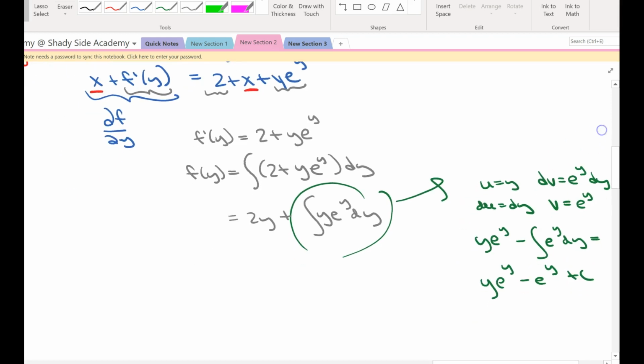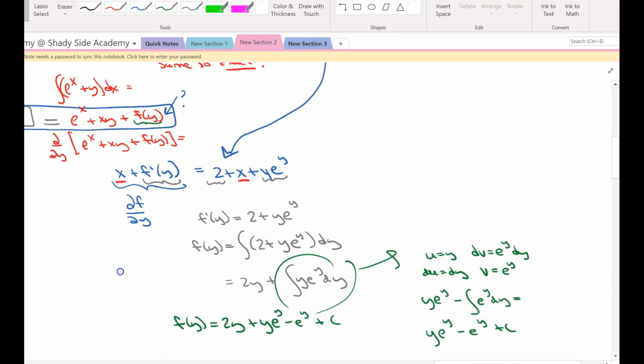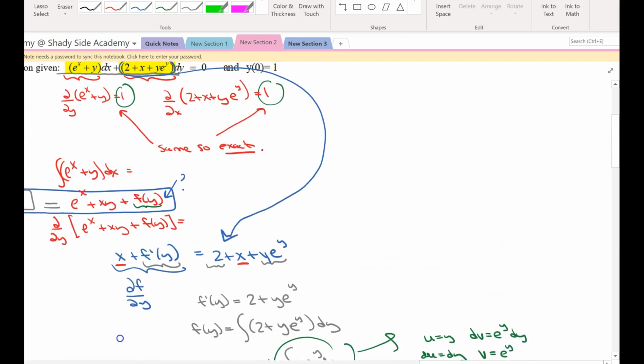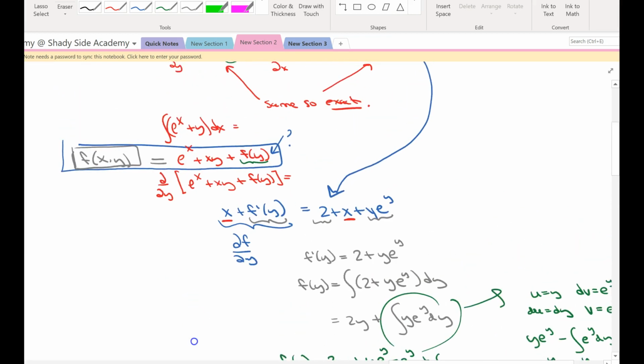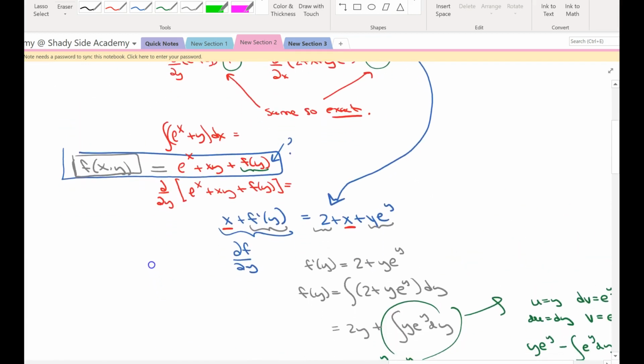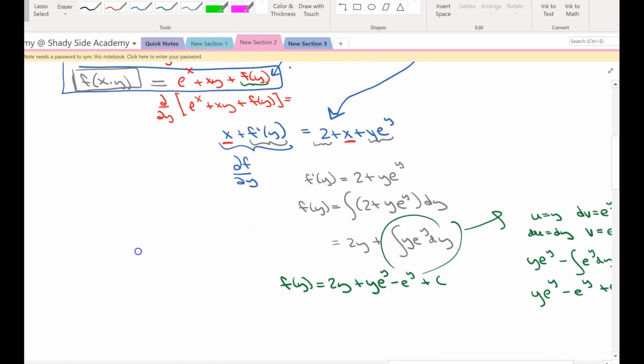Whew. Okay, so then that means f of y equals 2y plus y e to the y minus e to the y plus c. So that means the entire left-hand side. Where did I see? This is why I have to keep track of everything. Aha, here it is.